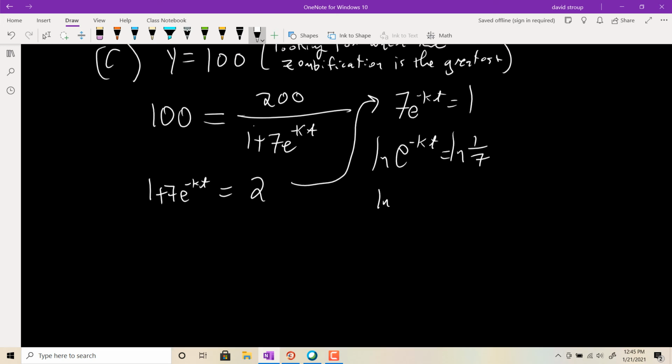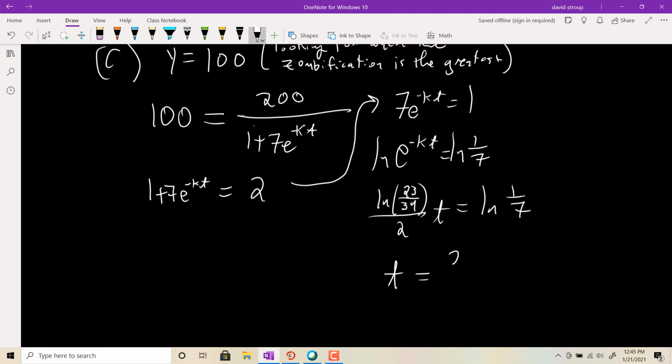So I have ln of 23/39 all over 2, times t, equals ln of 1/7.